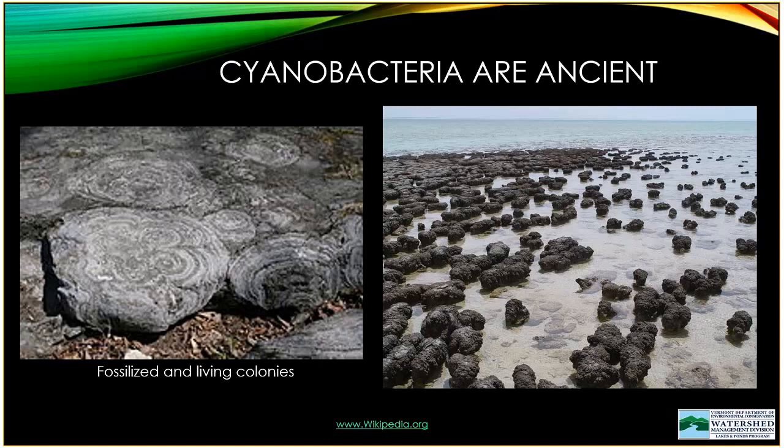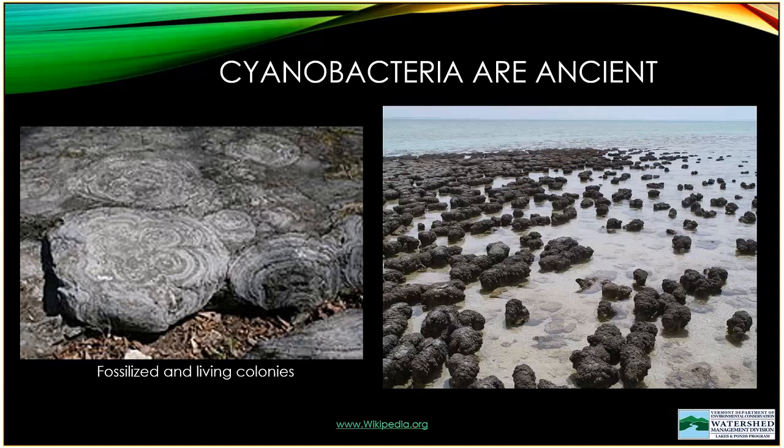Cyanobacteria are ancient organisms. They've been around for millions of years. When folks like to refer to the primordial soup that was present on this earth millions of years ago, I tend to think that probably was a lot of cyanobacteria, and it probably didn't look too different from what a dense cyanobacteria bloom looks like now.